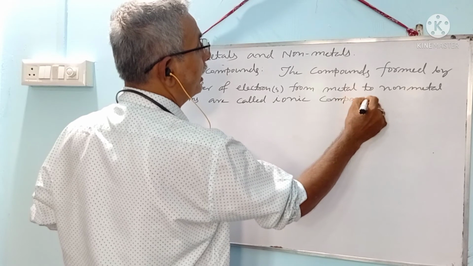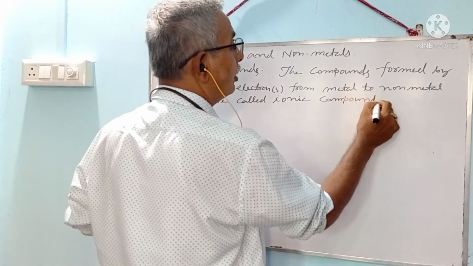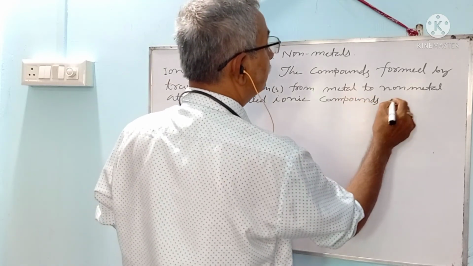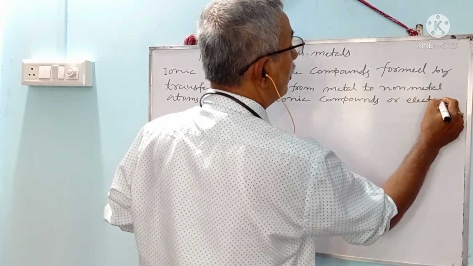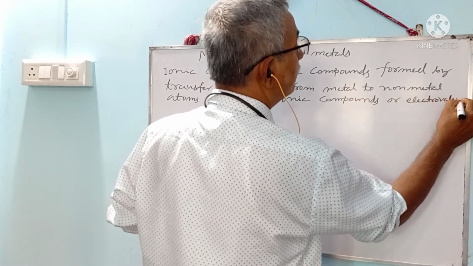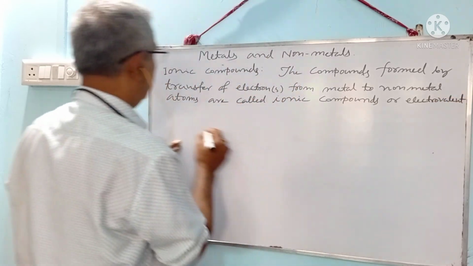Another name is also there: ionic compounds or electrovalent compounds.